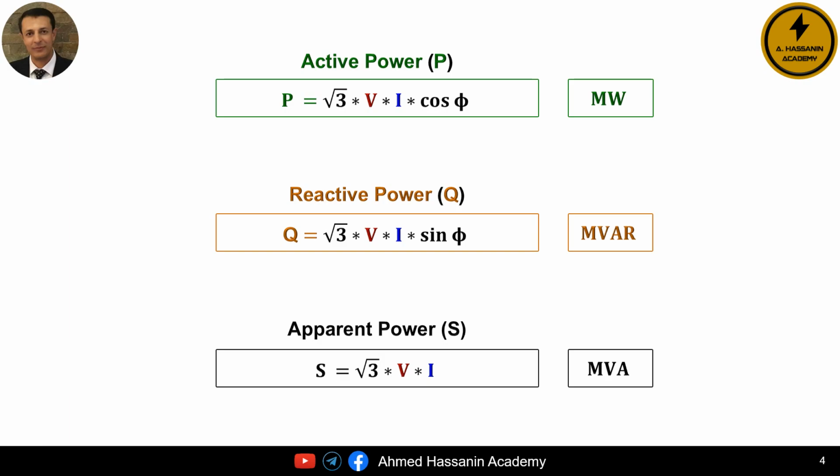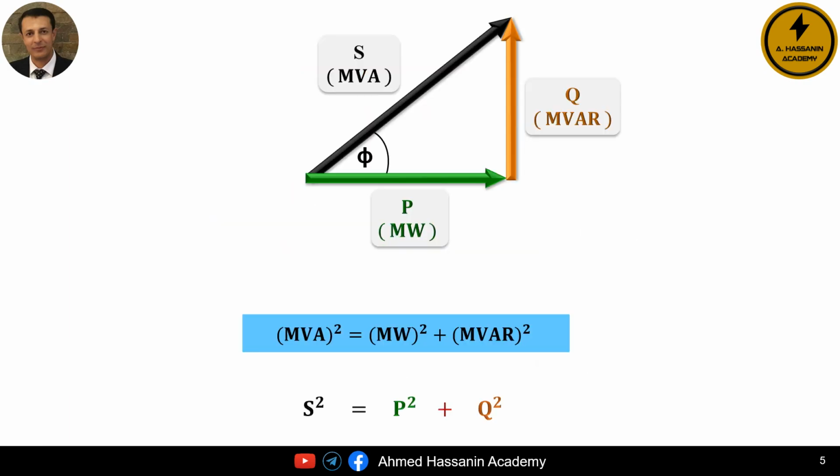This type of power is not consumed, but rather circulates back and forth between the source and the loads. The third type of power is the apparent or total power, and its unit is volt ampere, kilovolt ampere, or megavolt ampere. And we mentioned that the apparent or total power is the vector sum of both the active power and the reactive power, and of course, we discussed all of this in detail in a previous lecture.